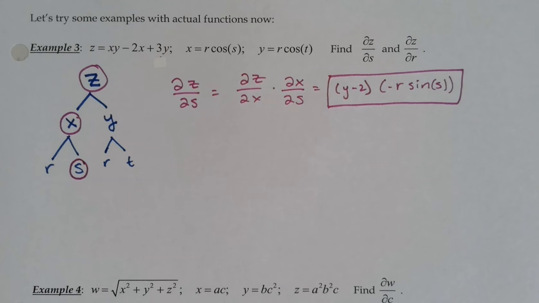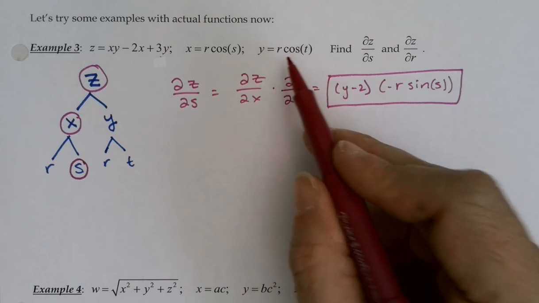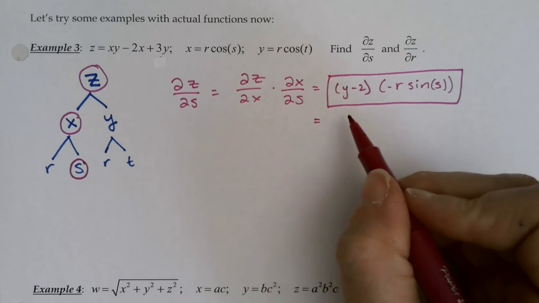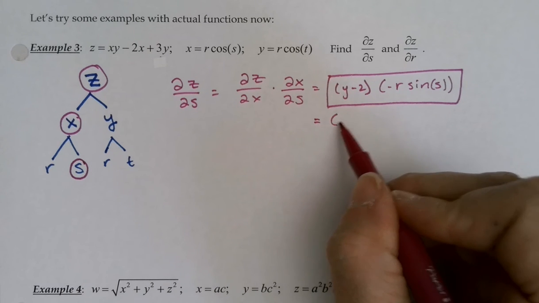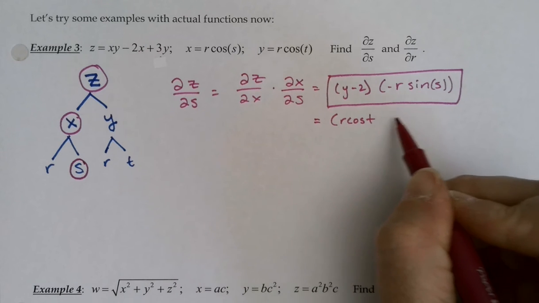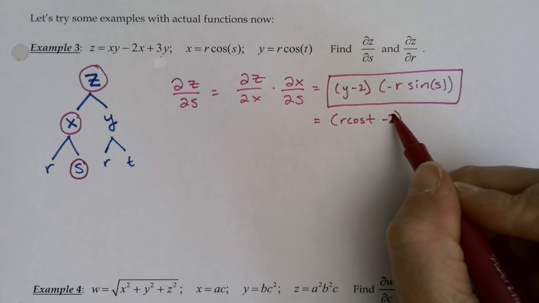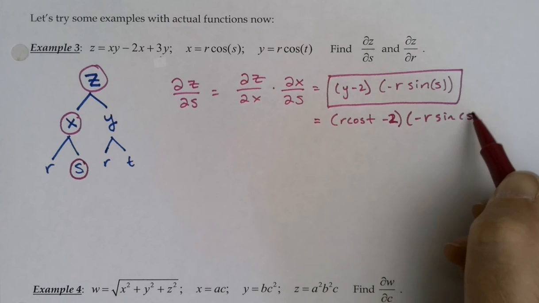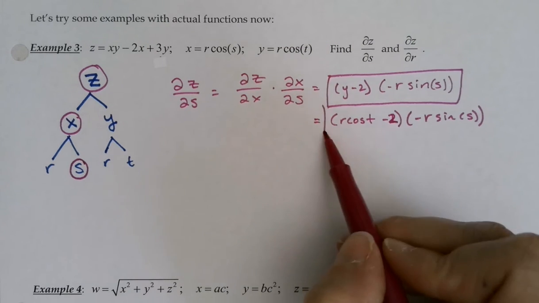All right, now we could technically substitute what y is into this. So you could say, oh, but that's r cosine of t, take away 2, times negative r sine of s. That is also possible, and that would also work.